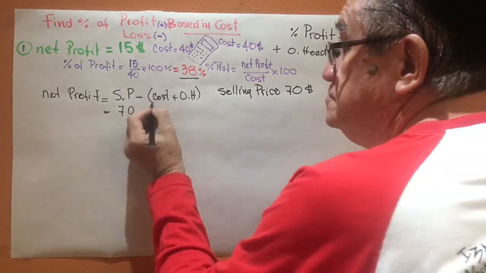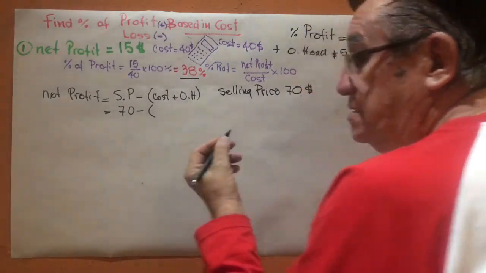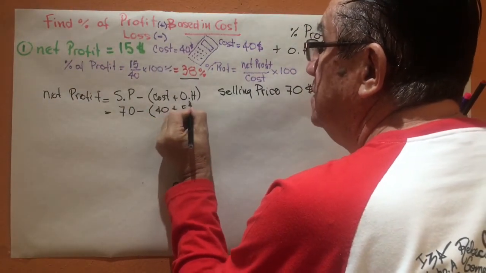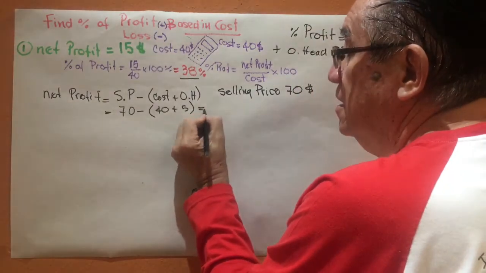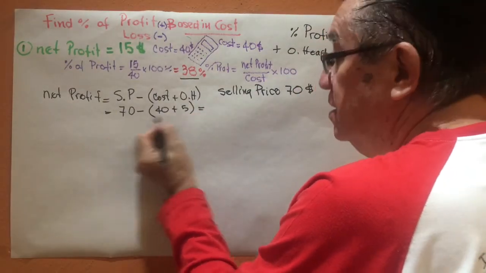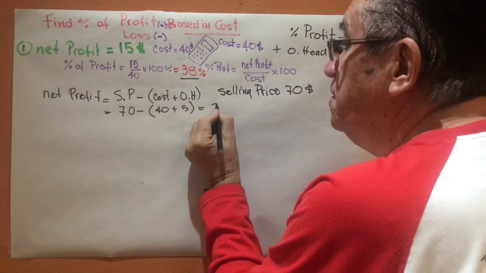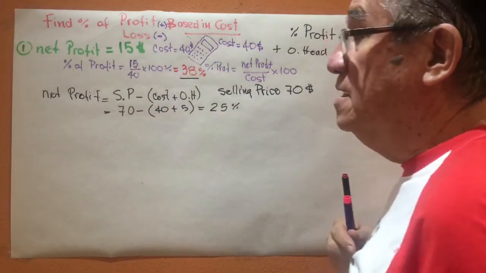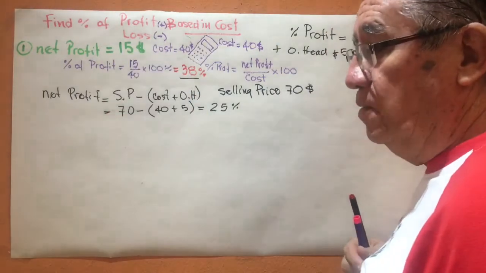So if I use this formula, my cost is 40 plus 5, and we have $25 of net profit, which is a little bit bigger than the one I had.